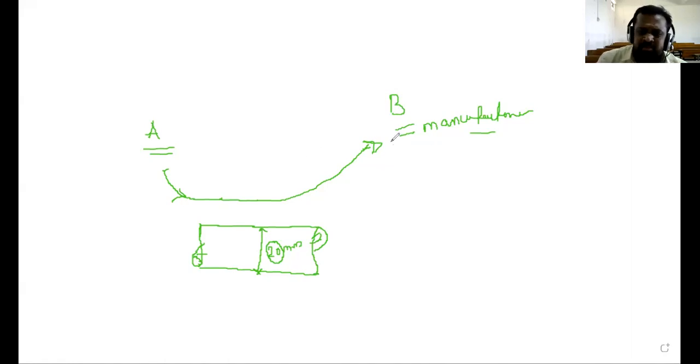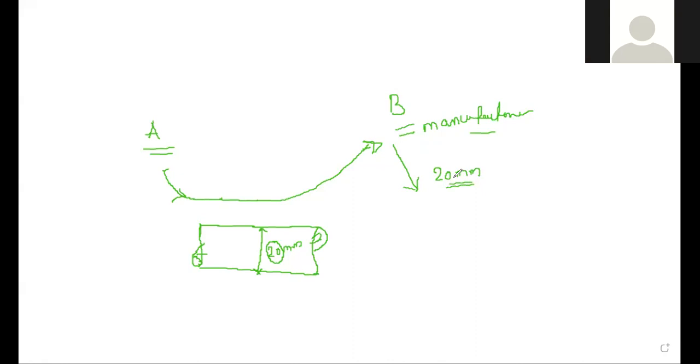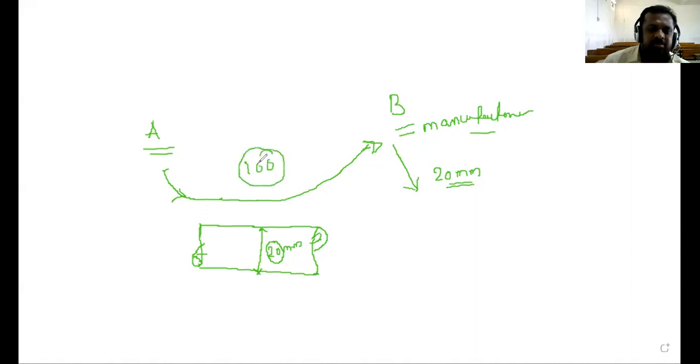Now please tell me, is it possible for that B person to manufacture an exact 20 mm diameter shaft? Is it possible? No, sir. Why not possible? Suppose he has given an order of 100 shafts. A has told B, the manufacturer, please prepare 100 shafts of diameter 20 mm, and the diameter should be exact 20 mm.